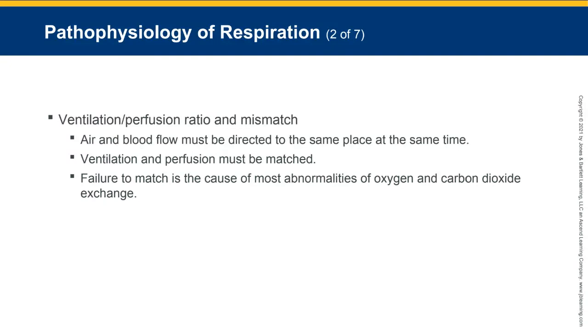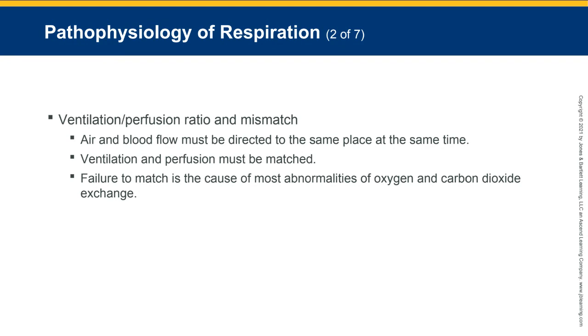The oxygen in the alveoli and the blood must get to that area at the same time. If that does not occur, then no exchange of oxygen and carbon dioxide occurs and the blood returns to the heart deoxygenated, and that can ultimately affect perfusion.